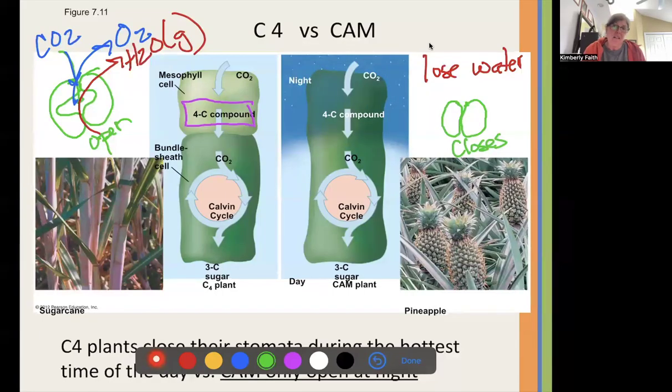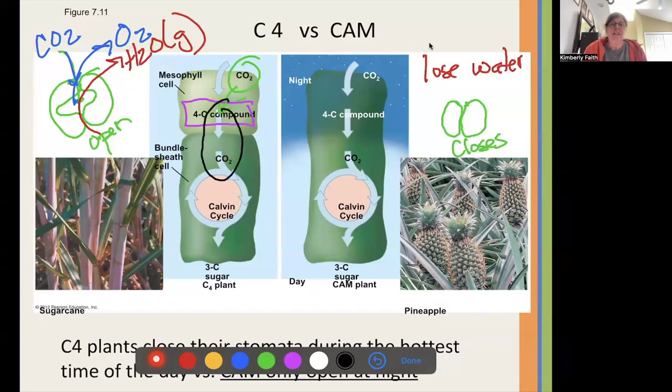But while we're closed, we have stored CO2 in this four carbon compound so that the carbon dioxide can still get put into photosynthesis and prevent photorespiration. So it's keeping the store open even though the front doors are closed. We can say the shop is closed, but we're still doing internet business. Okay? So we're still making sugar.